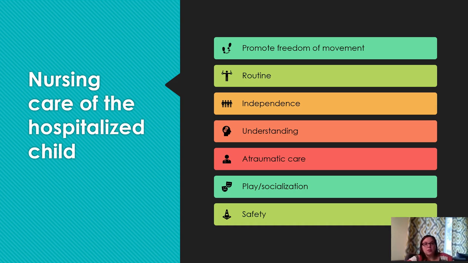A lot of these: promoting freedom of movement, maintaining a routine, encouraging independence, providing understanding, always striving to provide atraumatic care, encouraging play and socialization still, and then safety.